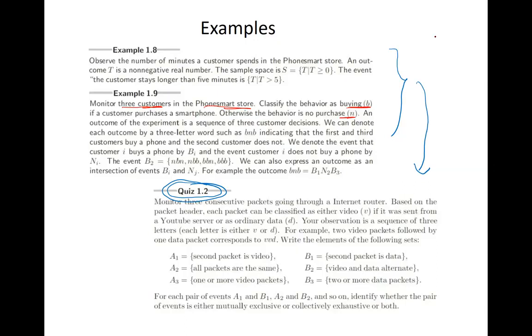So we have a customer entering the store. We have buying or non-buying. Then we can look at three customers, for example. If all of them purchased a phone, then it's going to be B, B, B. The first purchased one, the second not buying, B, N, and so on, or N, N, N, so three did not buy anything.